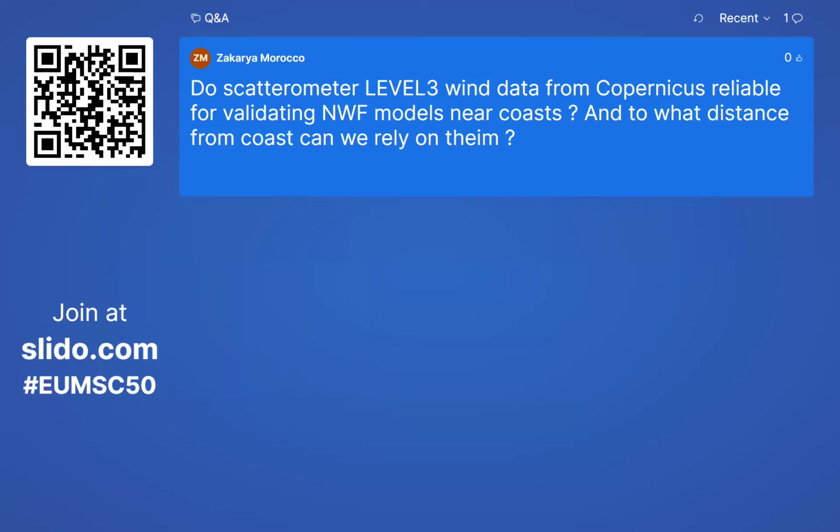They have been validated with buoys, and they are of good quality. But as Rianne already said, the validation itself is also challenging due to varying local effects. So yes, we can rely on them, but there's still more work to do. This is one of the topics OSI SAF and Copernicus are working on to improve, in particular coastal wind retrievals, because we know coastal winds are quite important for society.